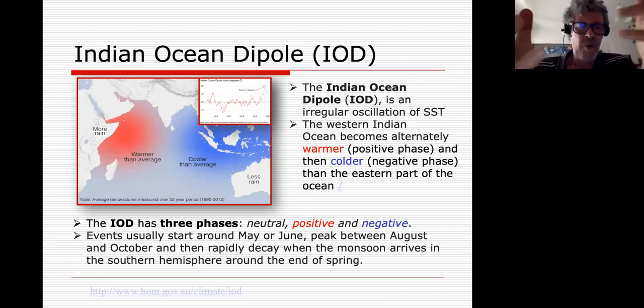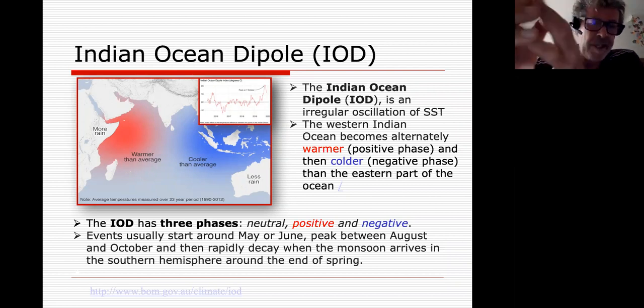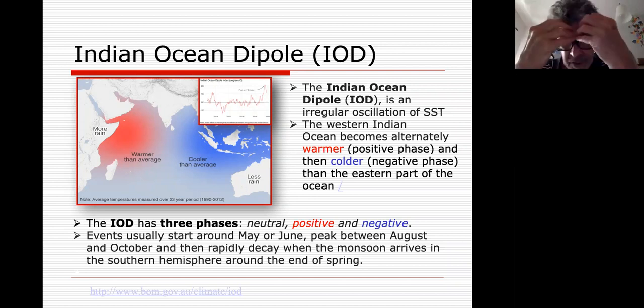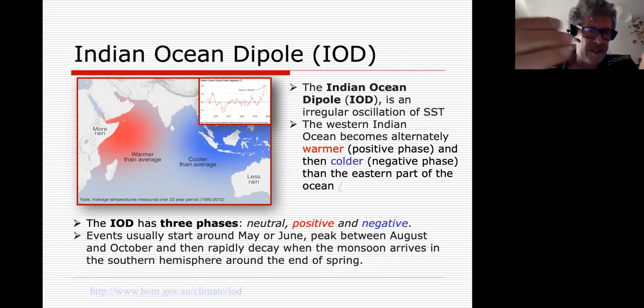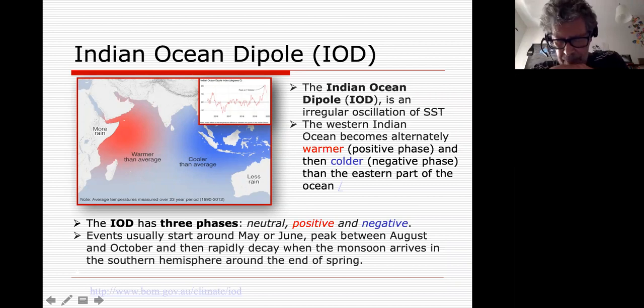Warming the surface layer means that you have more thermal energy in the atmosphere, more convection, more rain. The cooling has the opposite effect, and this is exactly what has been found for the western coast of Somalia and the eastern Australia.